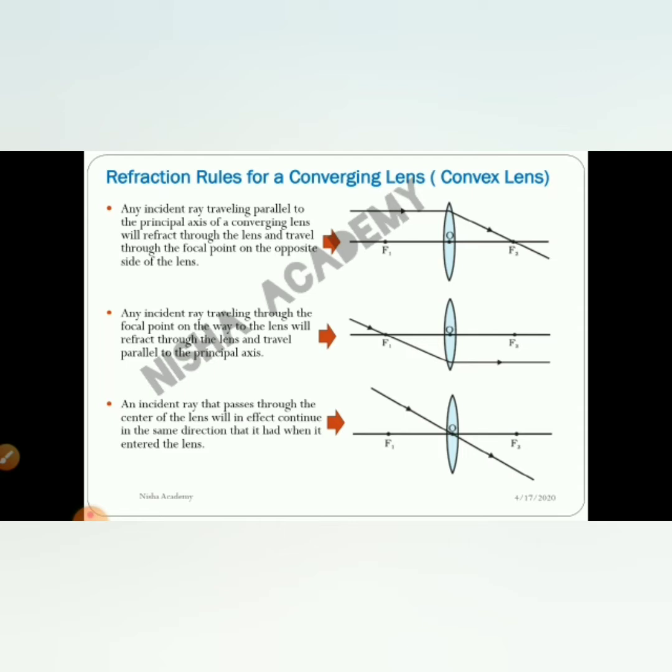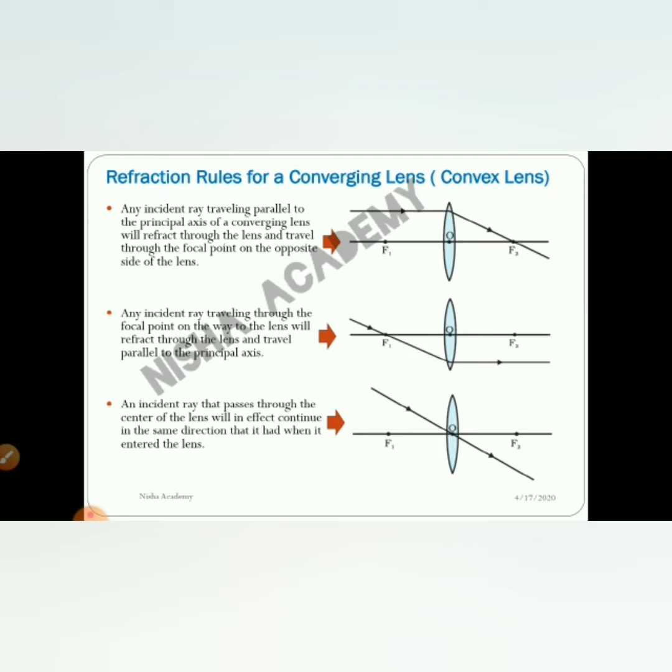You can see that the light ray is coming from the left side of the figure. It refracts from the lens and then travels to the focal point f2. So whatever light comes parallel to the principal axis passes through the focal point.